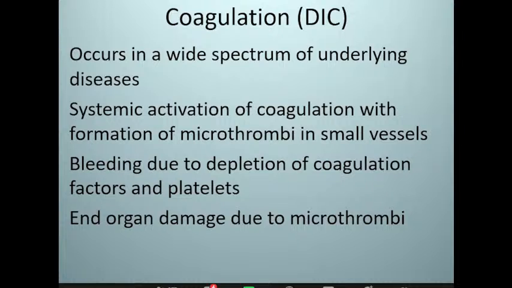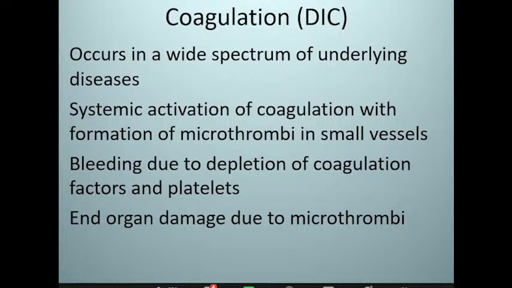So fibrin is formed, but it is cleared from circulation. As a consequence of that, a clot is not formed. The fibrin is degraded before it forms a clot. But in this process, the coagulation factors get depleted, and it presents with a coagulopathy.